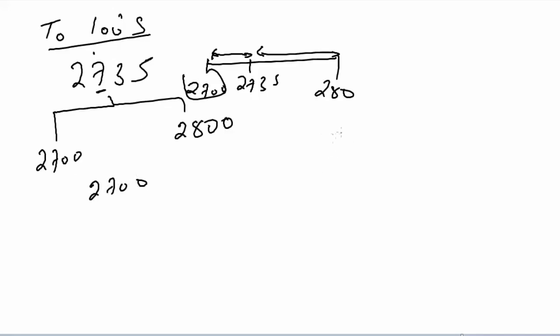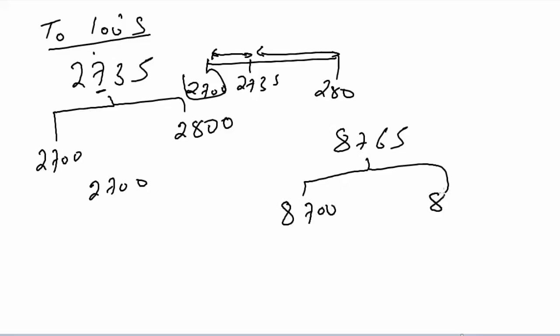Now let us take another example, which is 8765. 8765 lies between 8,700 and 8,800. You can also see that I've completely ignored the tens and ones place, so see which it is nearer to.